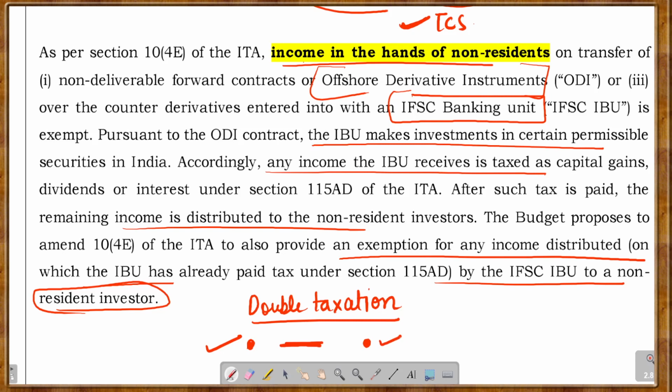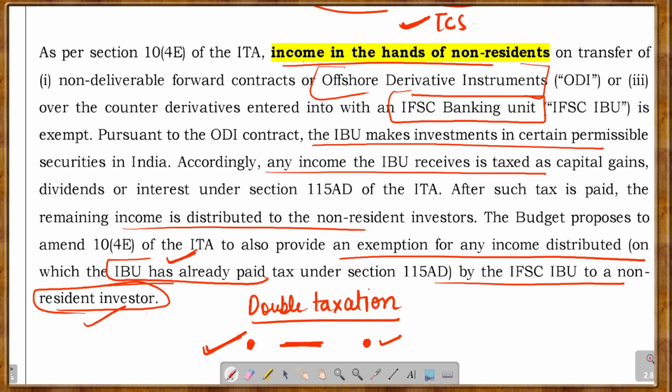So the budget says there is an exemption if a non-resident investor receives income, and on such income the IBU has already paid tax, income of offshore derivative instrument. So you have to just remember that any income of an offshore derivative instrument on which the IBU, that is the banking unit, has already paid tax will be exempt for the non-resident investor, because one party has already paid tax on it.